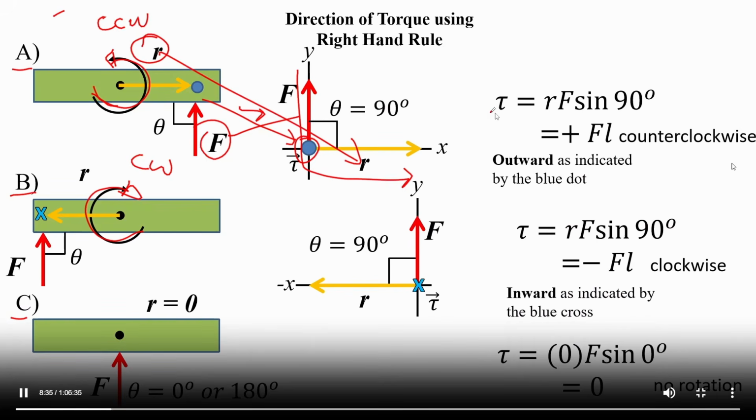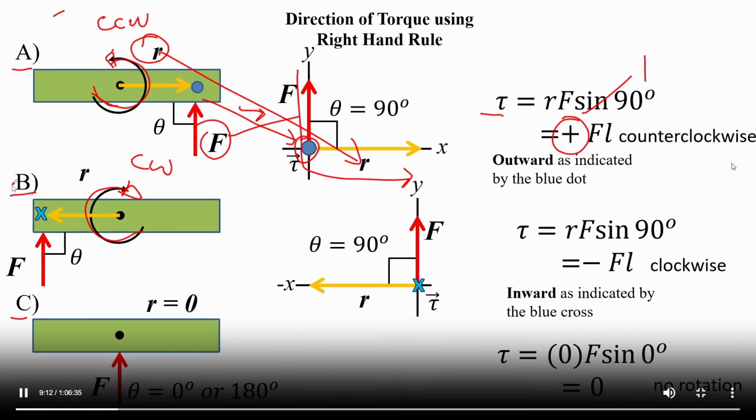So the magnitude of the torque is just Rf sine theta. Sine theta is of course equal to 1. And since it's going outward, we indicate here a positive nga sign. Okay, kung graphical, it's a blue dot or it's a dot. You don't have blue na pen.